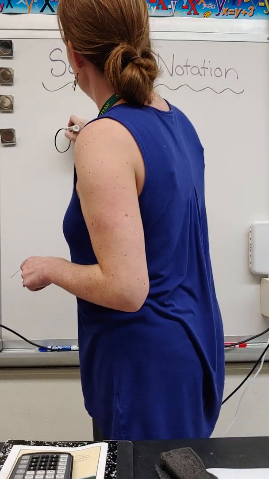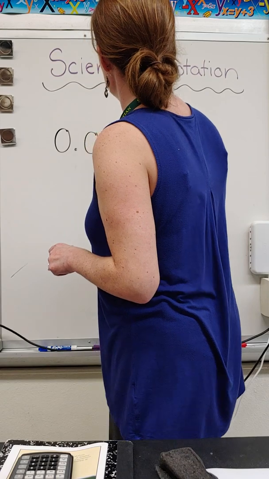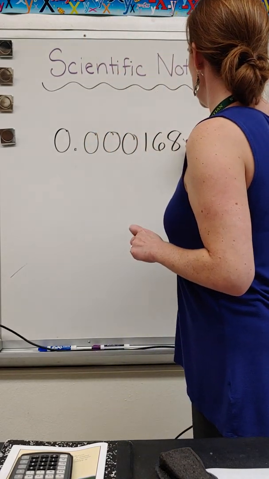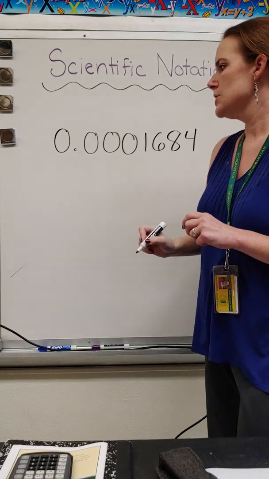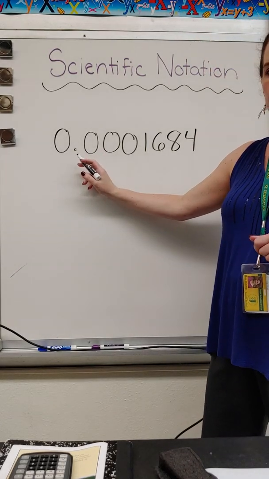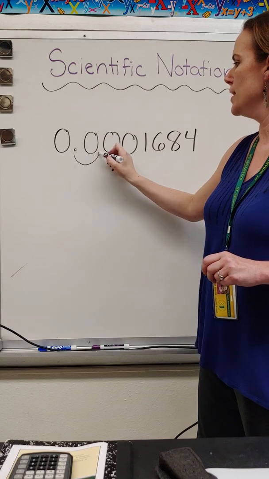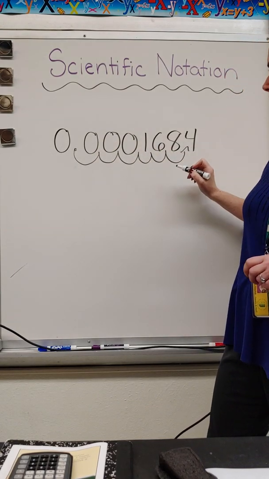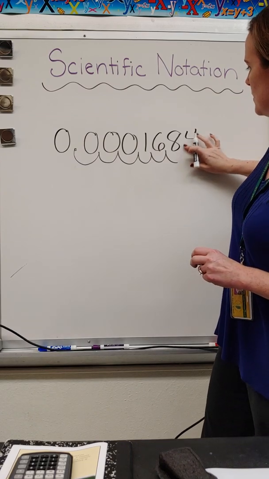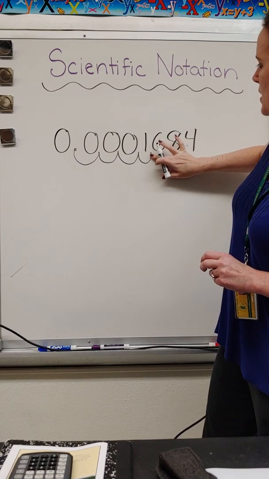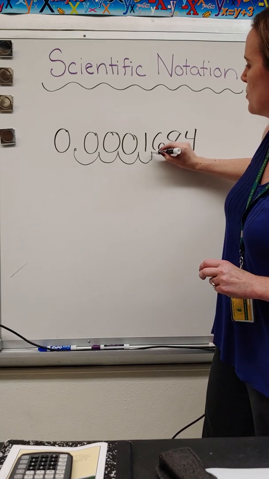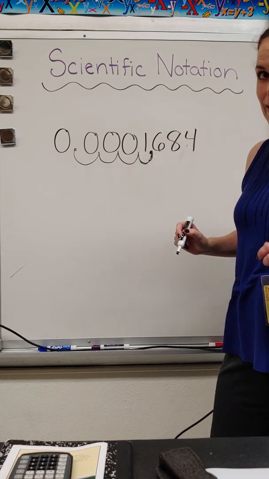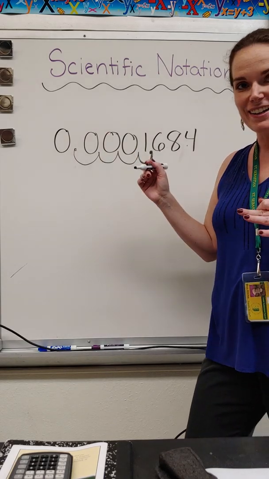So 0.0001684. Again, I'm taking my decimal, and I just want to move it so that I'm creating a number that's between 1 and 10.